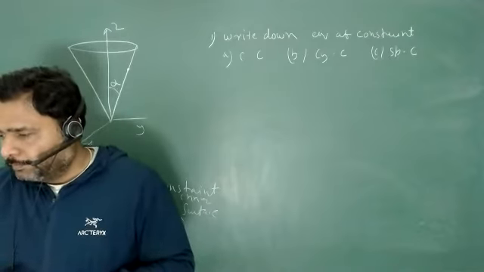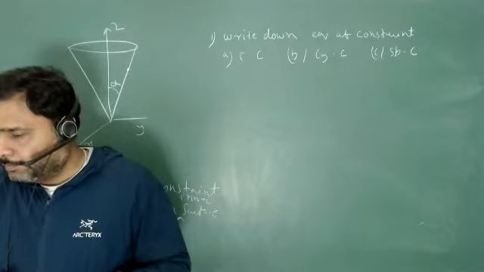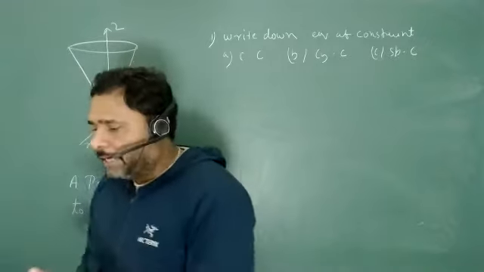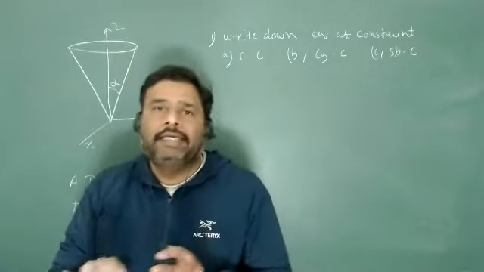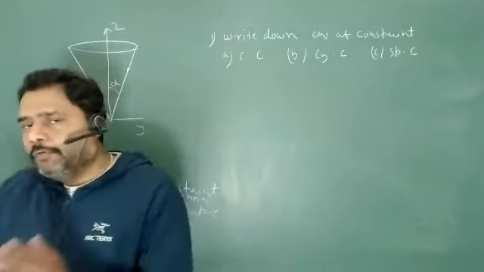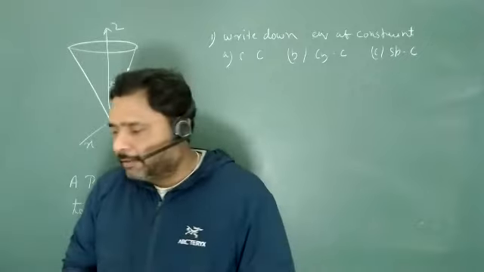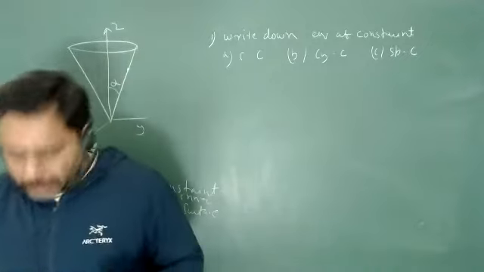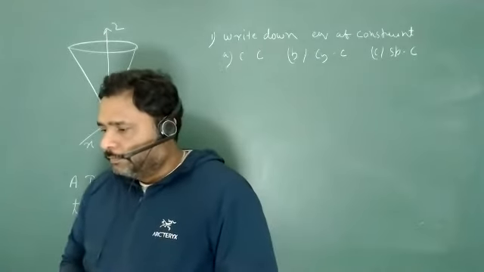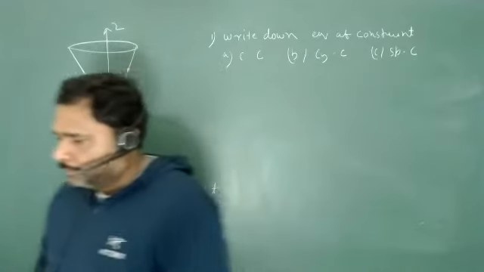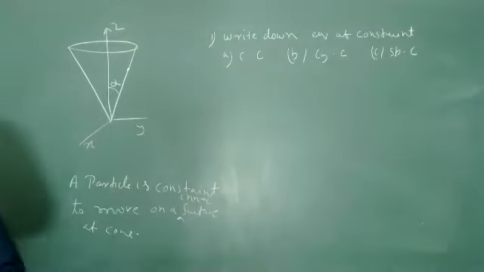So that the particle has to move on the surface of cone. Very good. So the particle will have to move on a surface of cone. So you have just said it in the English language. Can you make it mathematical? Just tell me in a mathematical language.